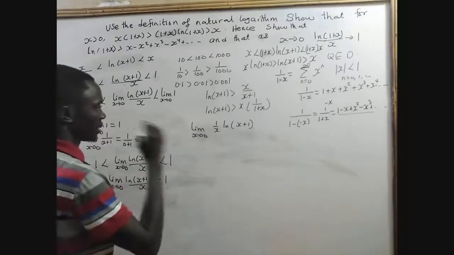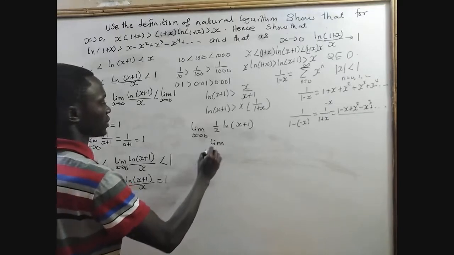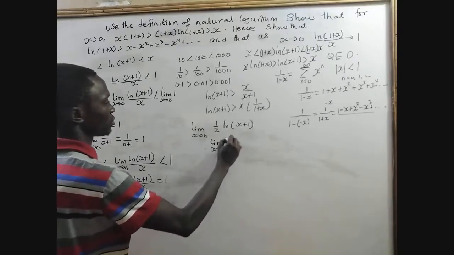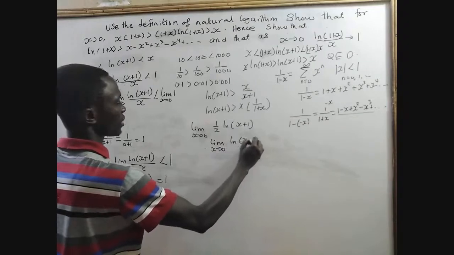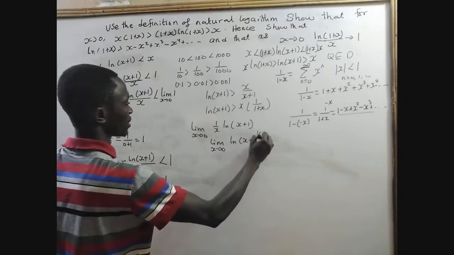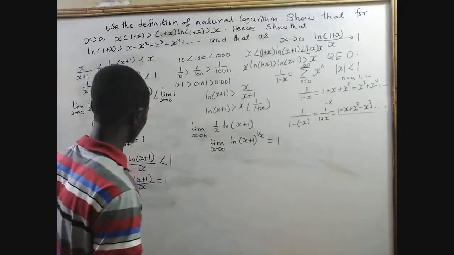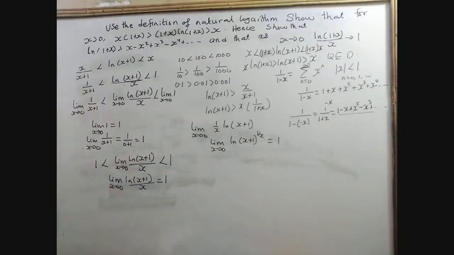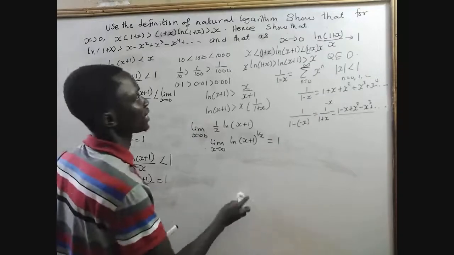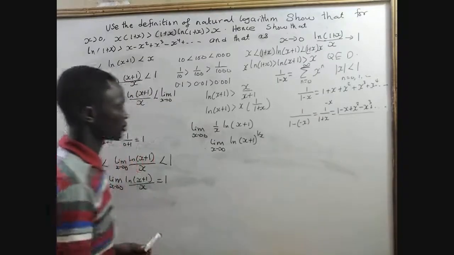And this is the same as the limit as x approaches 0, natural log of x plus 1 to the power 1 on x, equal to 1. Oh, we have to prove that it approaches 1.